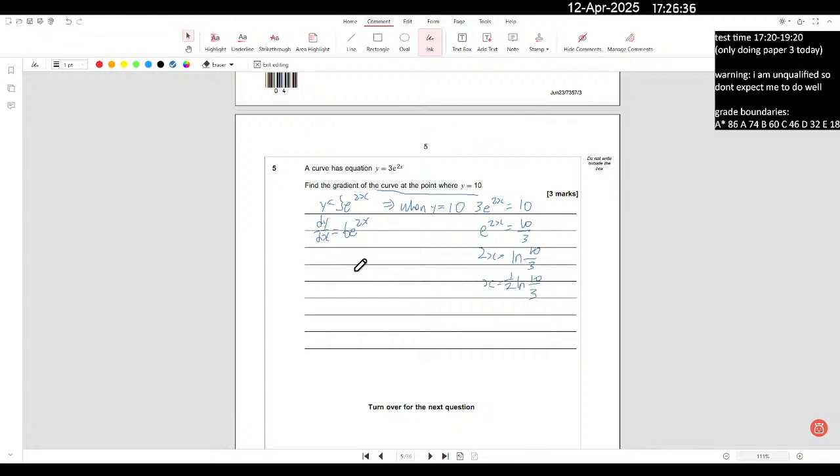Okay. Hopefully I solved this right. Substitute x equals half ln10 over 3. Which should be 6 times 10 over 3, that's 20.